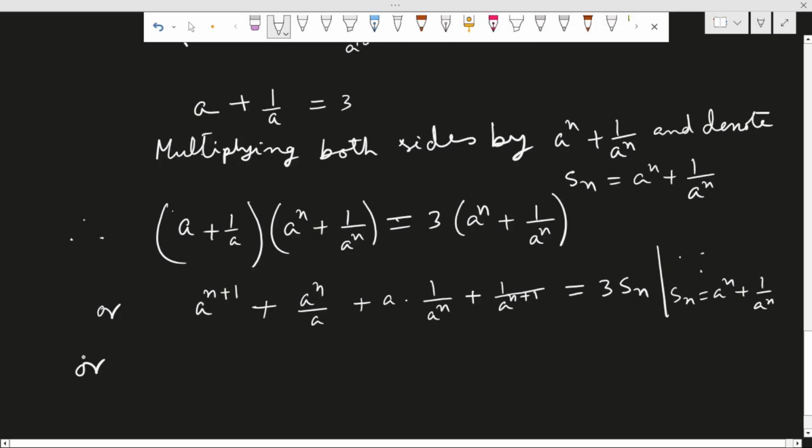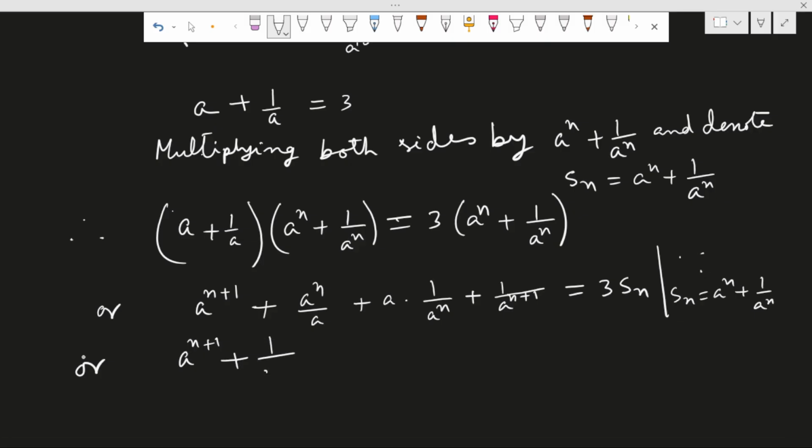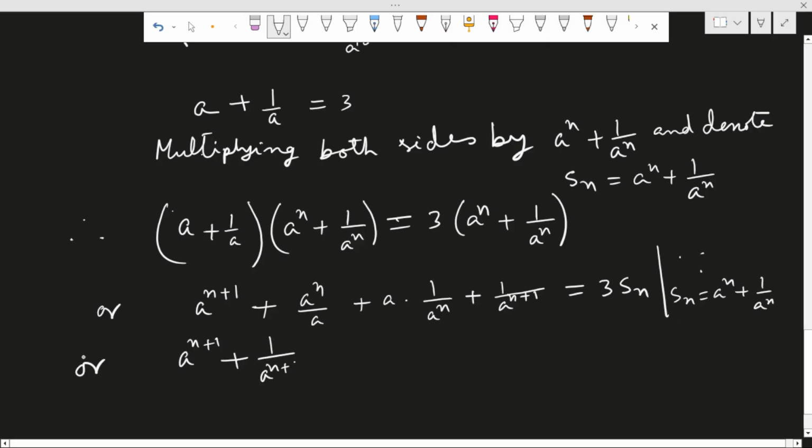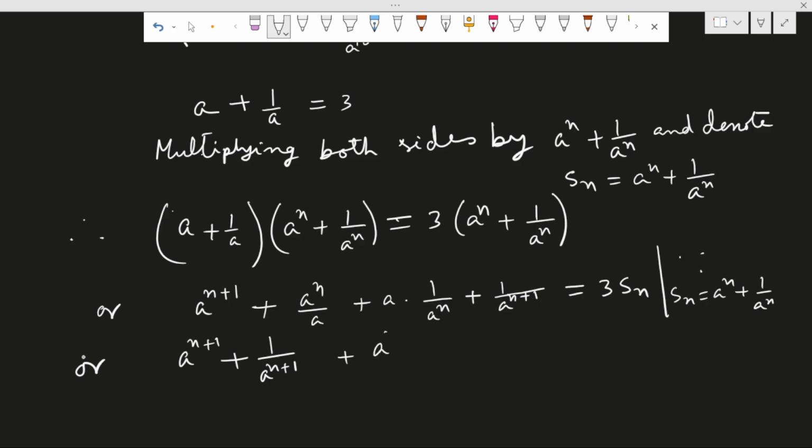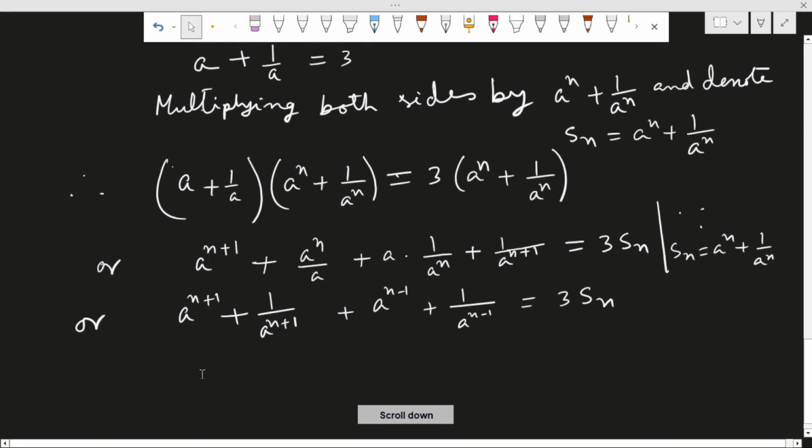Next step, grouping a to the power n plus 1 plus 1 by a to the power n plus 1, plus a to the power n minus 1 plus similarly 1 by a to the power n minus 1, that is equal to 3 Sn.